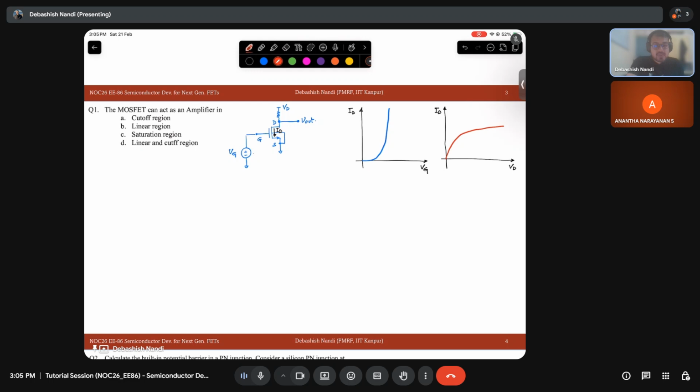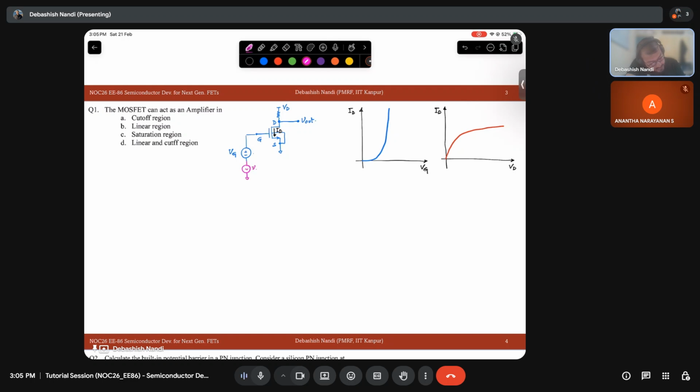So what do I mean by amplification? Where should I apply my input signal to? Sir, to the gate terminal. Gate. Okay, let's say I am applying an input signal to the gate.